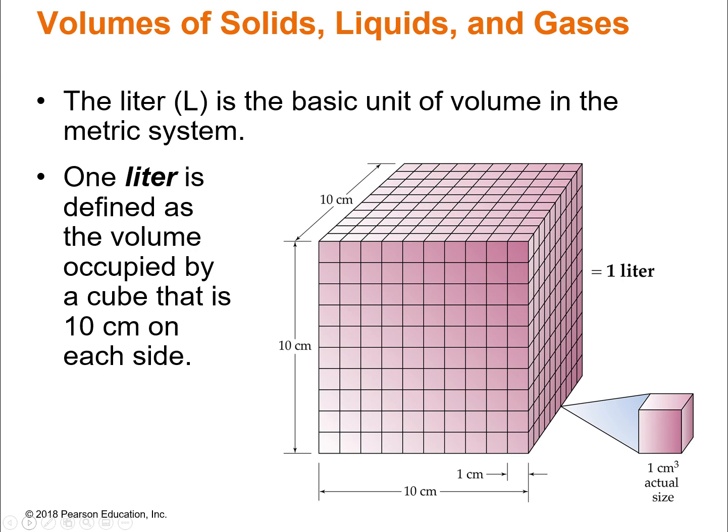Remember that the liter is the basic unit of volume in the metric system. The definition of a liter is the volume occupied by a cube that is 10 centimeters on each side. If you multiply 10 centimeters by 10 centimeters by 10 centimeters, you get 1,000 cubic centimeters.